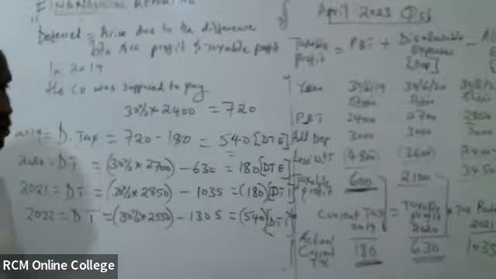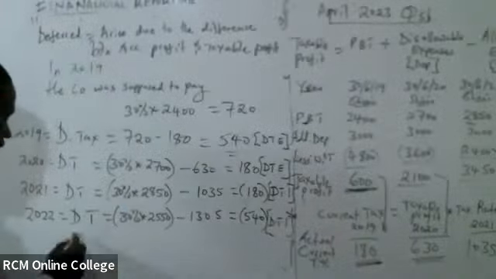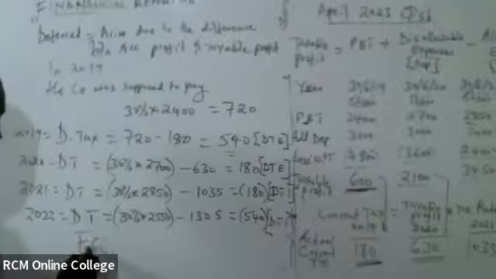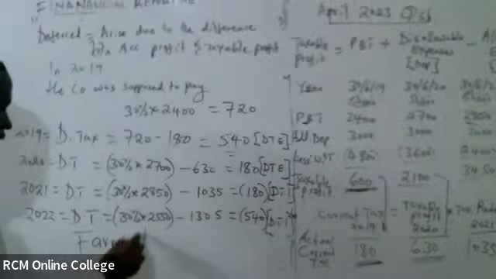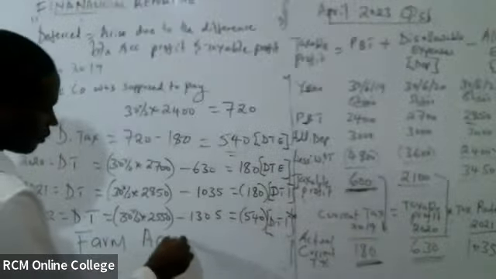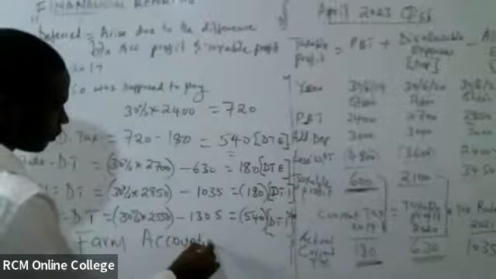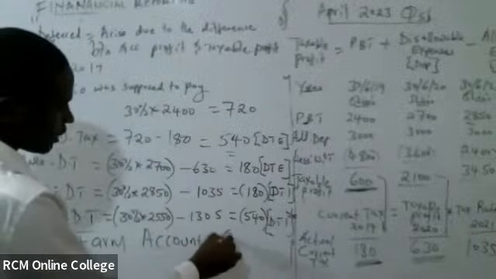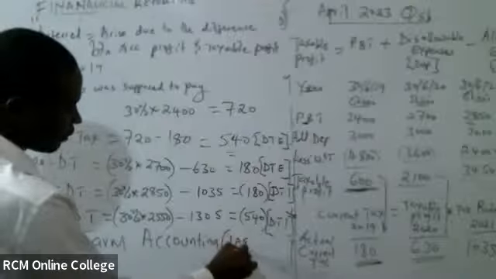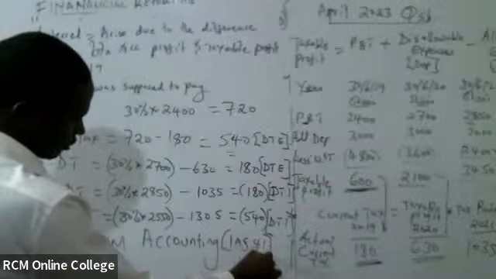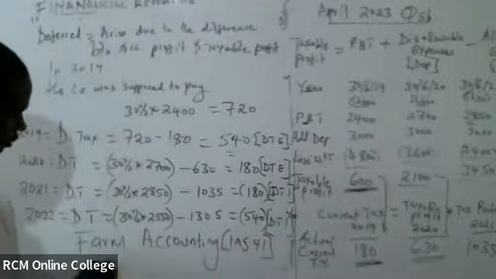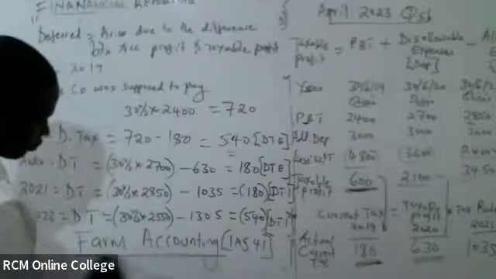Next time we meet, which is on Thursday, we shall look at farm accounting. Something I would like you to go and look at is IAS 41. It talks about farm accounting.